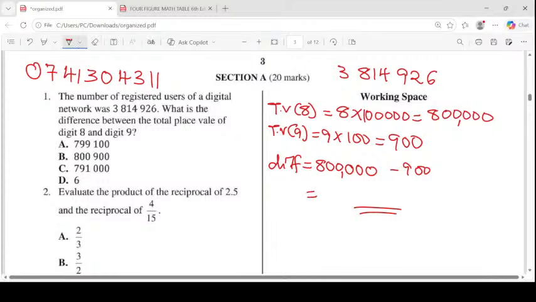When you take 800,000, you less 900, you are getting 799,100 shillings, which is exactly choice A for apple. 799,100.